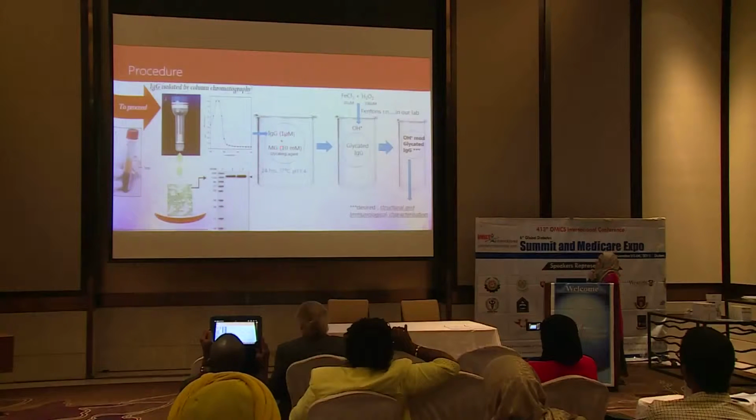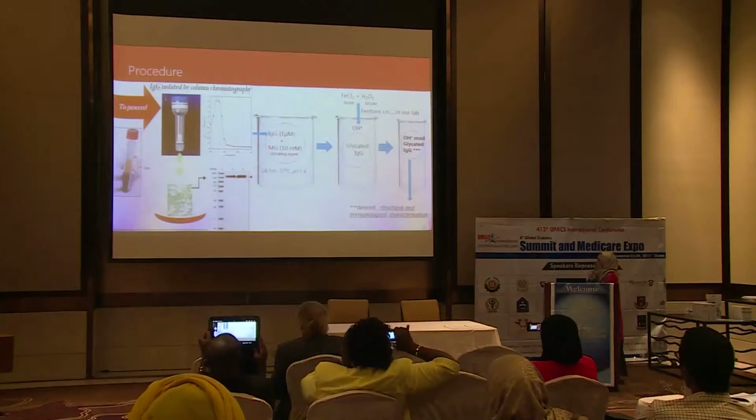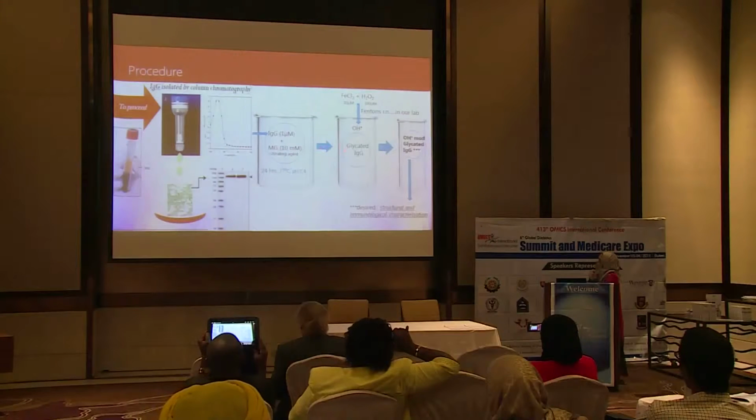Now this isolated IgG is glycated by using methylglyoxal as the glycating agent, followed by hydroxyl radical modification of the glycated IgG. The hydroxyl radical is generated in our laboratory by Fenton's reaction, in which we have taken FeCl2 and H2O2 in a 3:10 ratio.